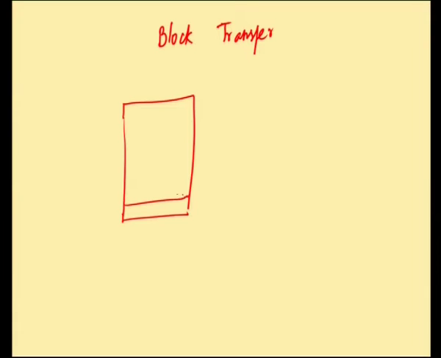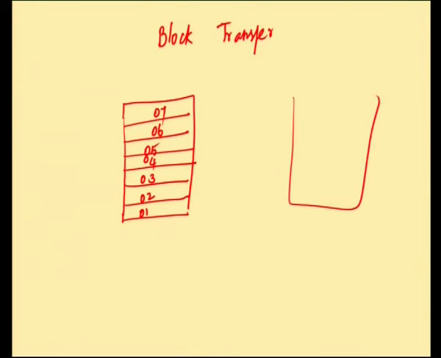Consider this one block which consists of a number of data: 01, 02, 03, 04, 05, 06, 07. So, I have 7 data and I want to move them into another block. How to move these 7 data into another block? The lower data should be moved to the lower position, the higher data to the higher.